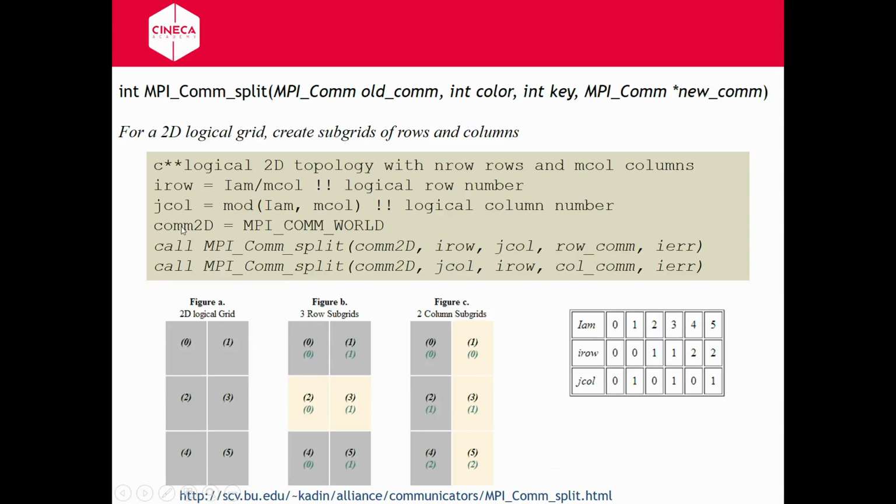Then we can create a new communicator, which should be equal to MPI_COMM_WORLD, and use the command MPI_Comm_split to split the communicator in column and row.